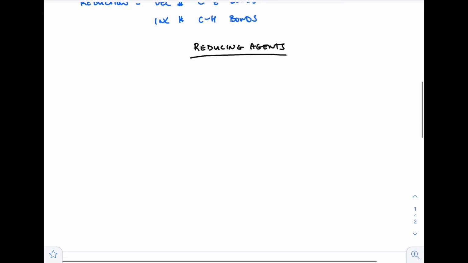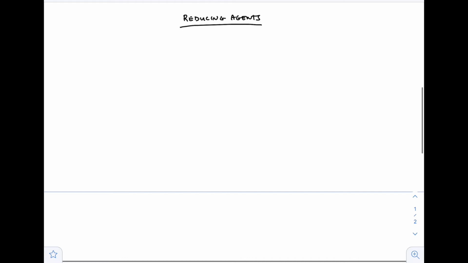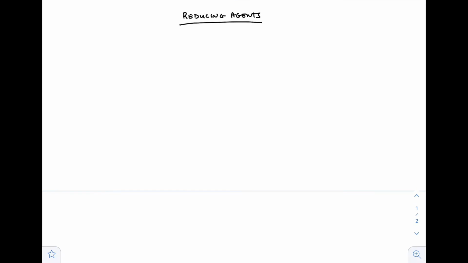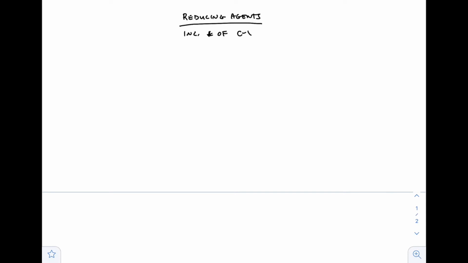So let's go over the reducing agents first. There's essentially 3 different categories, I guess, maybe not even categories, just different types. But again, if it's a reducing agent, we want to reduce it, and so that means we're going from right to left on that flow chart, if you will. That's increasing the number of C-H bonds, and the way we're going to do that is by adding H minus, so hydrides.